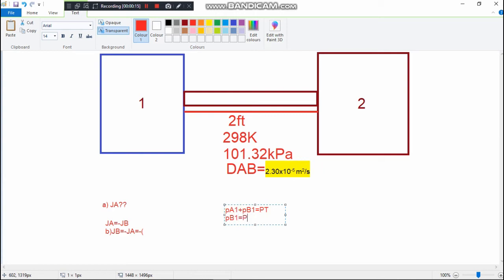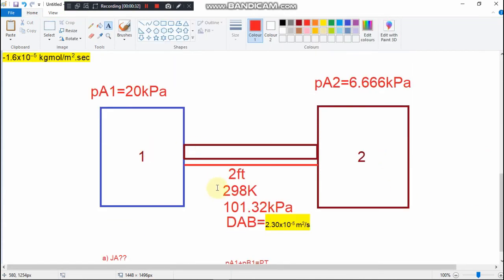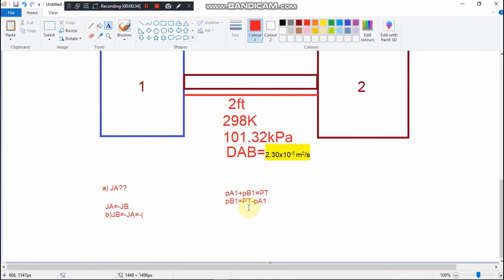So it will be pressure total minus PA1. Then you will get the value of PB because the pressure total is given in the question, which is 101.32. PA1 is also given in the question, which is 20 kPa. So then you will get the value for PB1.